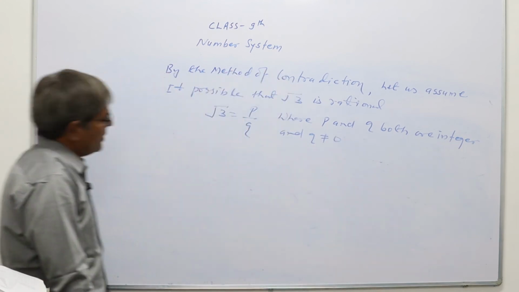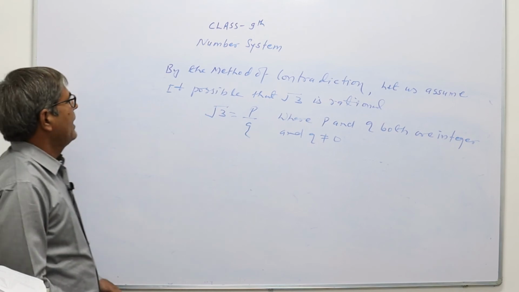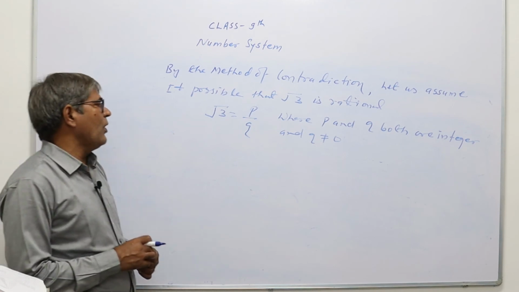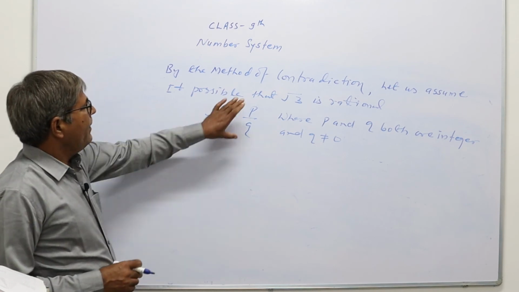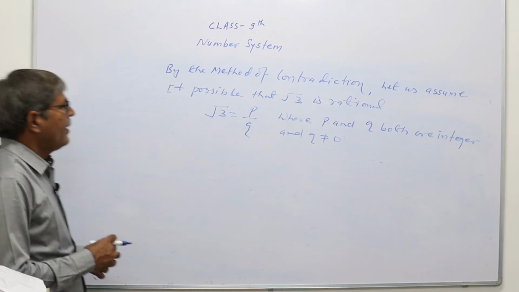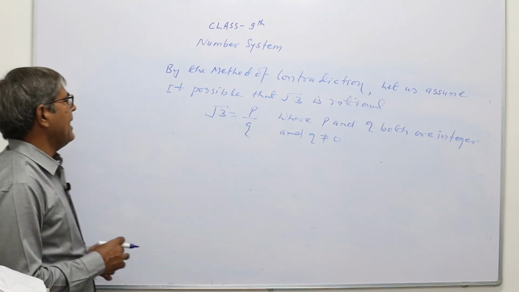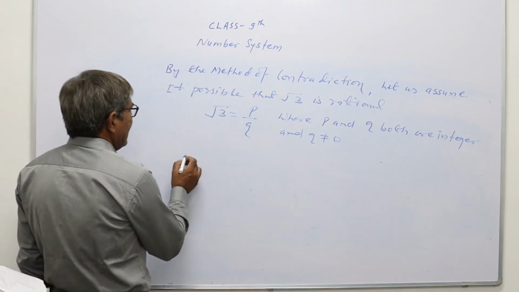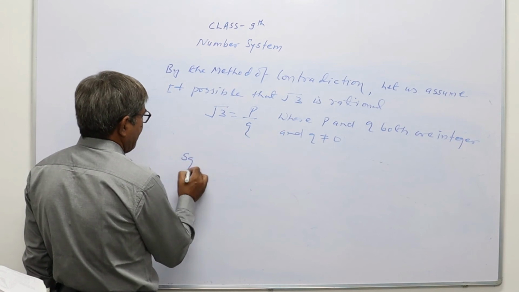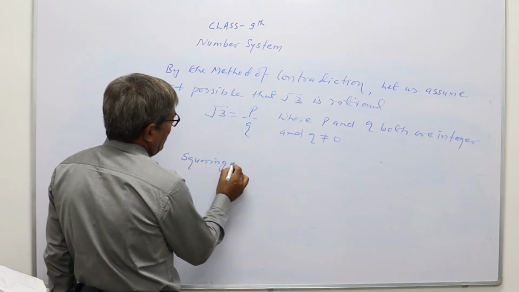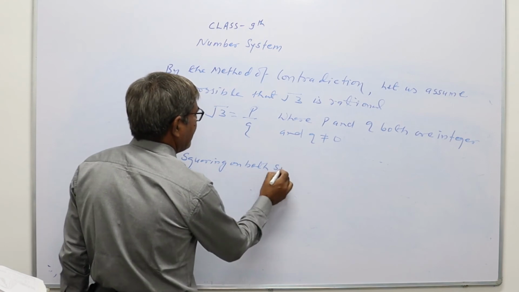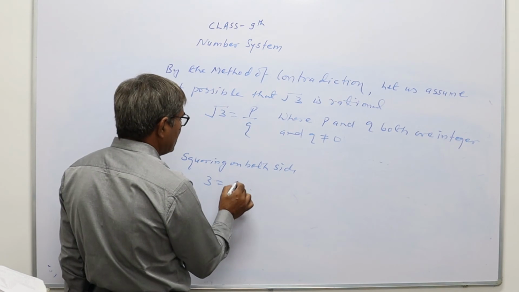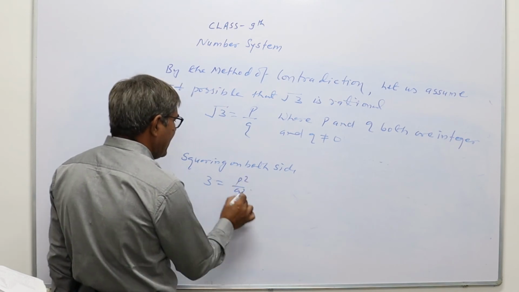Now, if root 3 is equal to p upon q, and p and q both are integers and q not equal to 0, then p and q have the common factor as 1. Squaring on both sides, root 3 square will be 3 and p upon q whole square, that is p square upon q square.